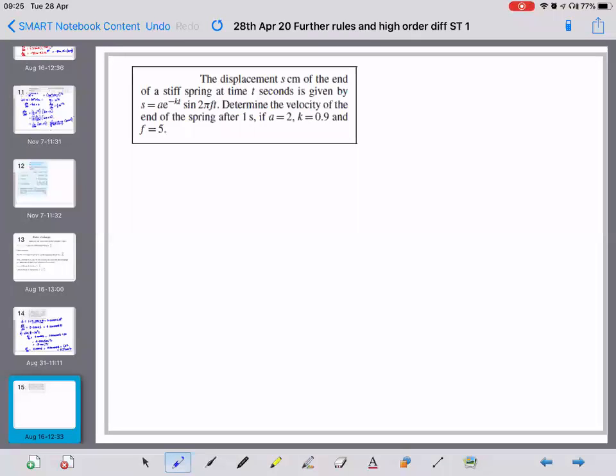All right. So it's saying the displacement S of the end of a spring at time t seconds is given by S equals I times e to the minus kt sine 2 pi ft. What rule have we got to use to differentiate that function?